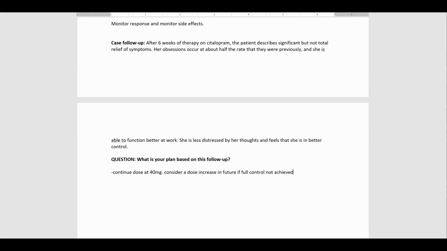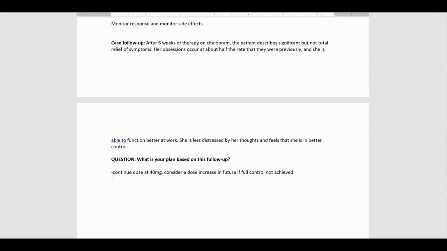And then for that patient on omeprazole, you might consider a dose increase, but maybe a little bit less, to 60 instead of 80 or something like that. And you'd want to continue those periodic follow-ups for side effects, especially that QT prolongation, although that's very rare and the data on it's somewhat questionable. You still want to make sure you're monitoring for those side effects.